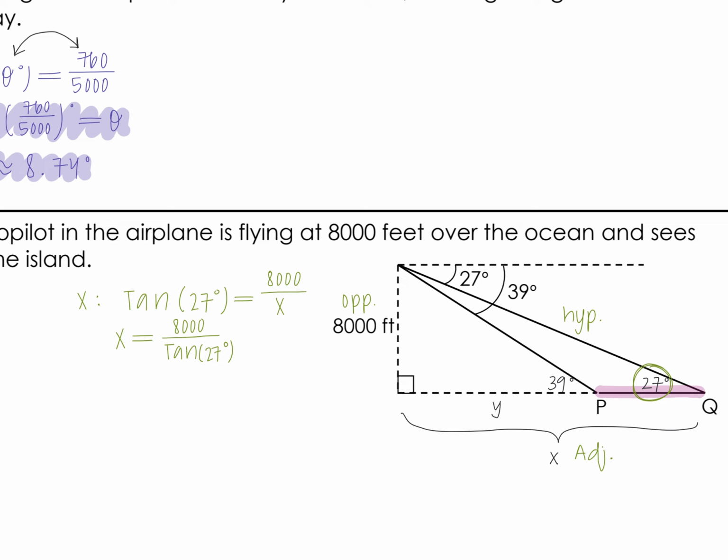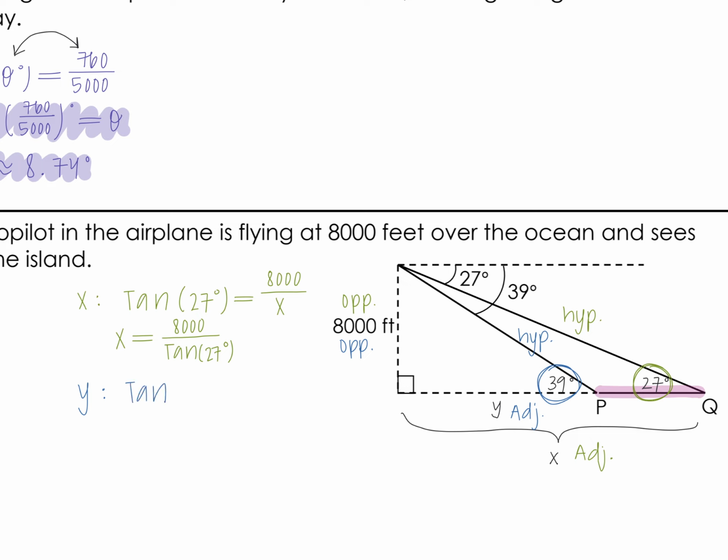Then I'm going to find my Y. So I'm going to be using this 39 degrees. I'm going to label my opposite, my hypotenuse, and my adjacent. Once I've done that, I can see that I'm going to be using tangent again.